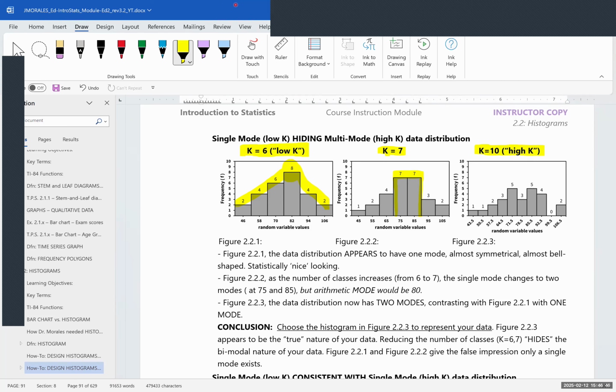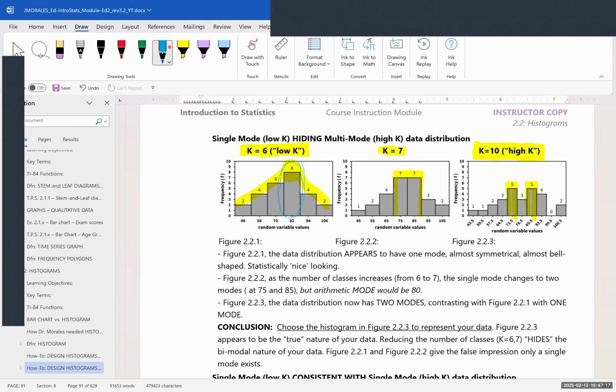So instead of having one mode, now we've got two modes. And when we go to a higher number of classes, in this case 10, those two modes actually split apart and become two distinct classes with equal frequencies, but are now split apart. This seems to indicate that we don't really, truthfully, have a single maximum here.